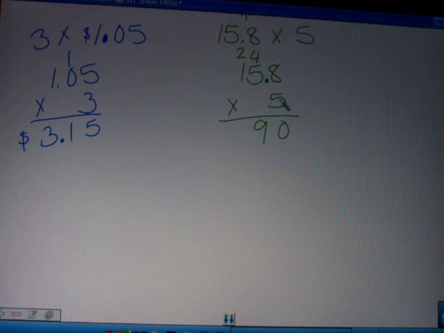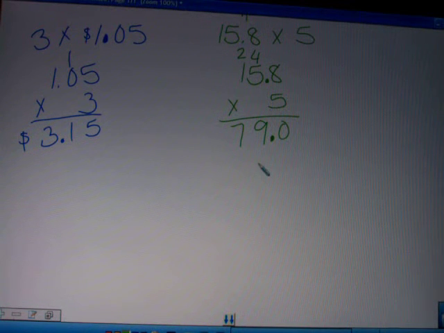And then 5 times 1 group of 10 is 5, plus 2 more is 7 groups of tens. So I have 7, 9, and 0. And up here in my problem, I only have 1 decimal place. So I'm only going to put in 1 decimal place. And so that gives me 79 gallons of gas that she buys in 5 weeks.